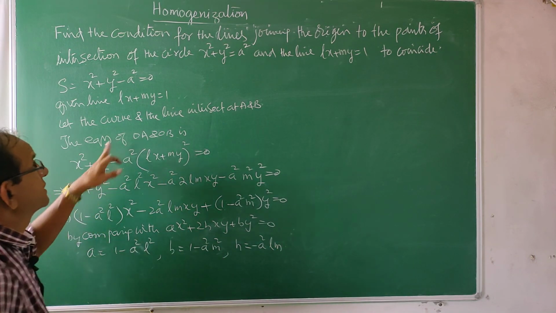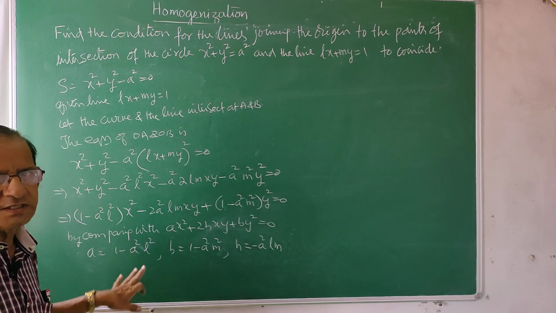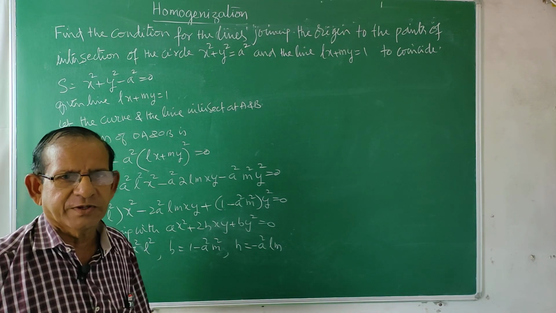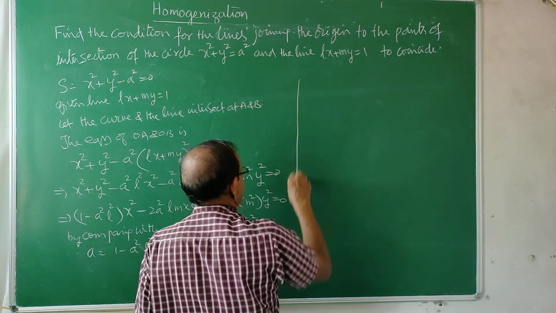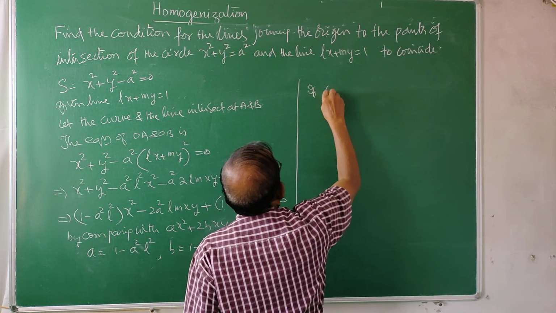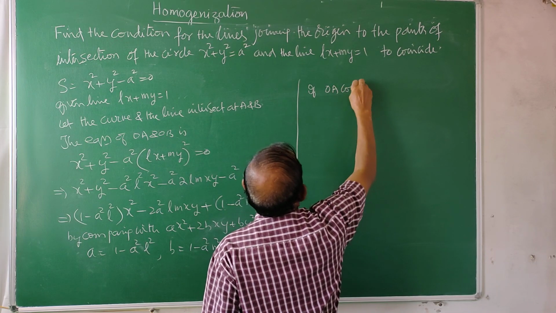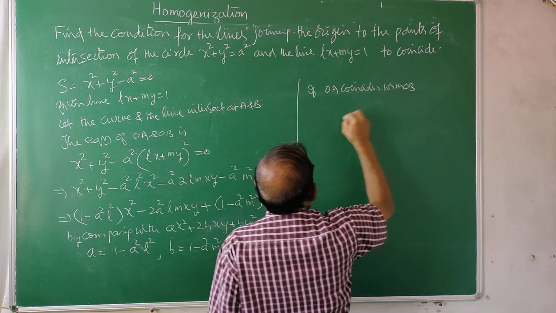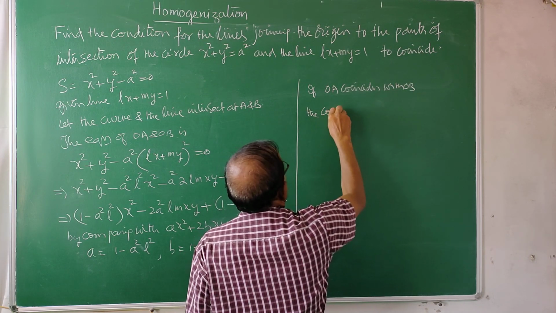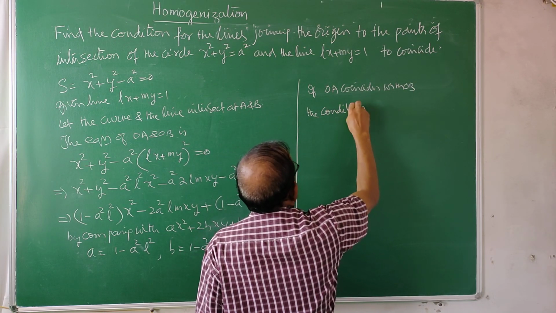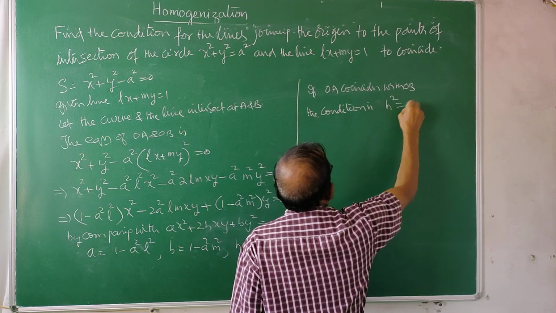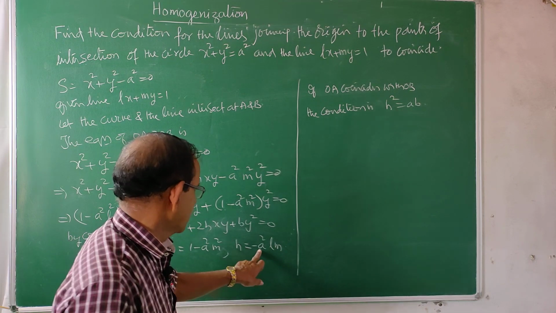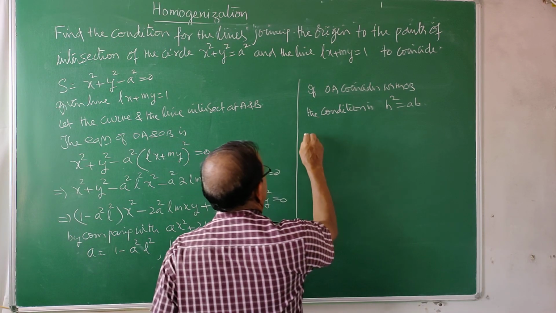Now it is given that the two lines OA and OB are coinciding. Whenever the two lines coincide, the condition is h square is equal to AB. Now if OA coincides with OB, the condition is h square is equal to A into B. What is h square here? A power 4 L square m square.